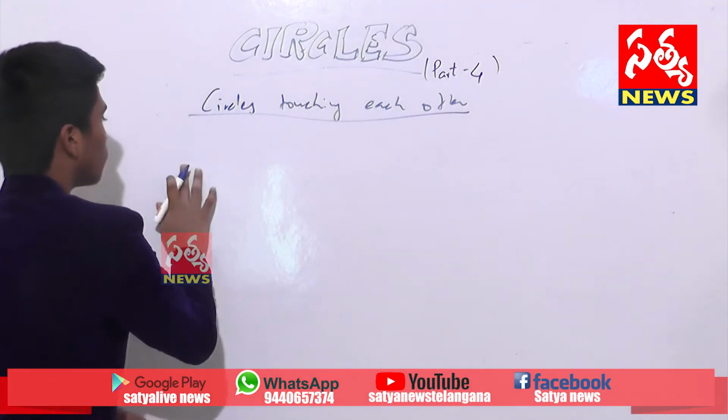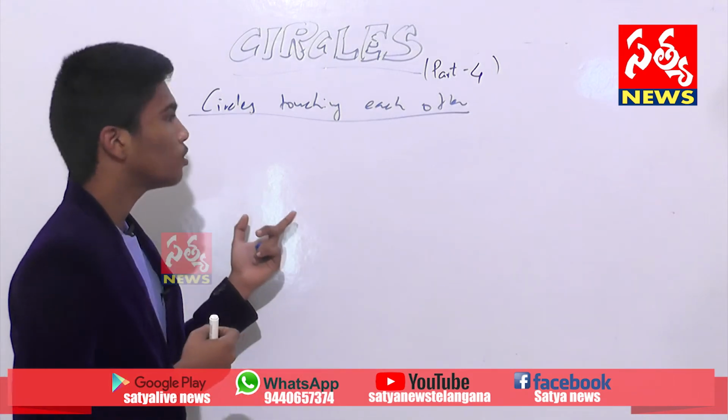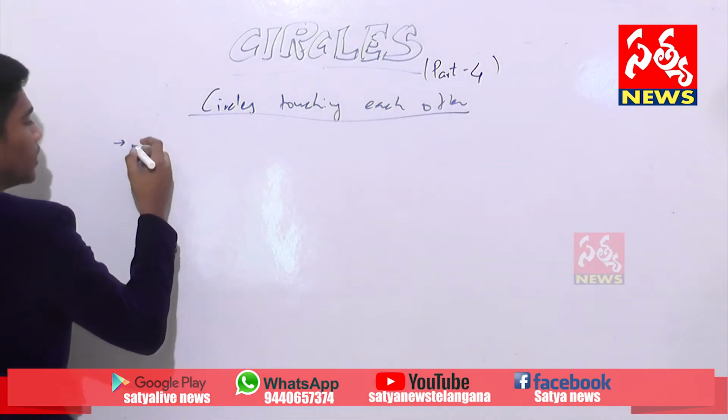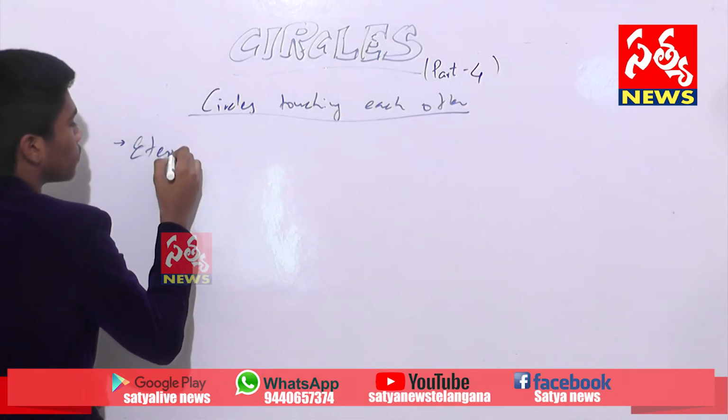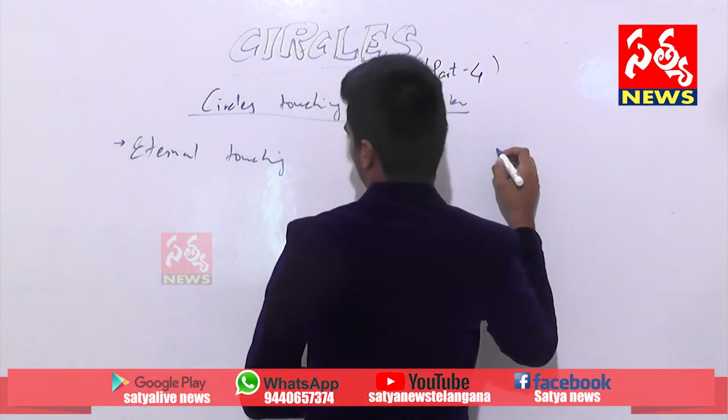There are two possible ways in which two circles can touch. One is external touching, and the other is internal touching.